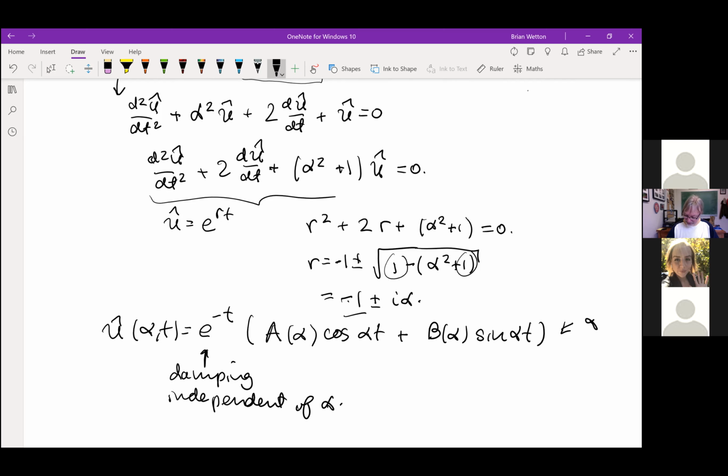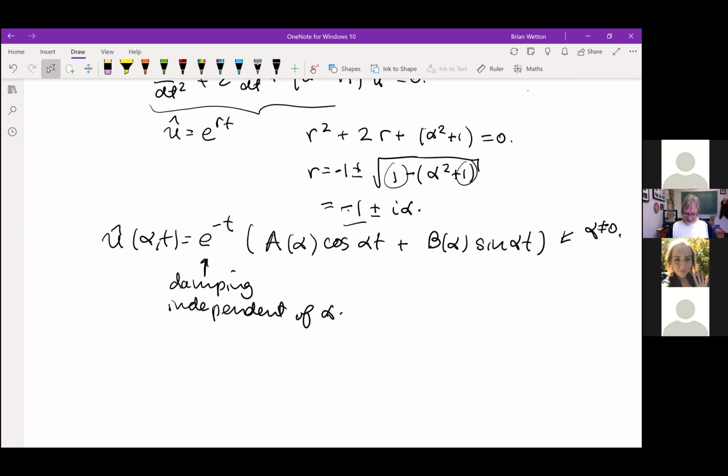This is alpha not equal to 0. You get that special case for alpha equals 0, same as before. Okay, so this is the wave equation behavior.